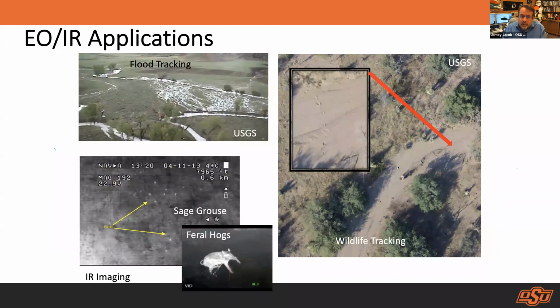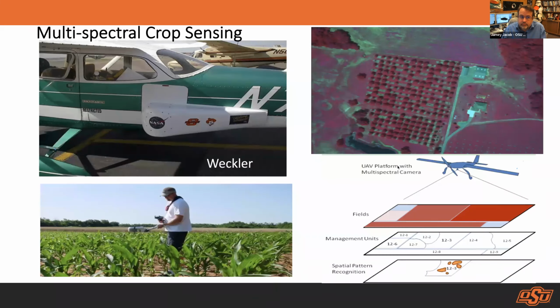So those EOIR applications can be used, again, for a number of different uses for both natural and physical sciences, things such as tracking flood, wildlife tracking. You'll notice here you can actually see the tracks from wildlife, or using the IR system, you can actually make observations at nighttime and to be able to pick out animals just from their heat signature.